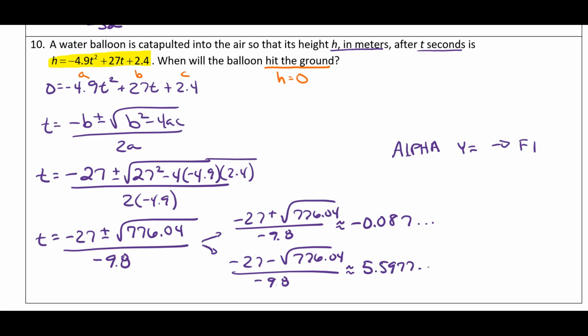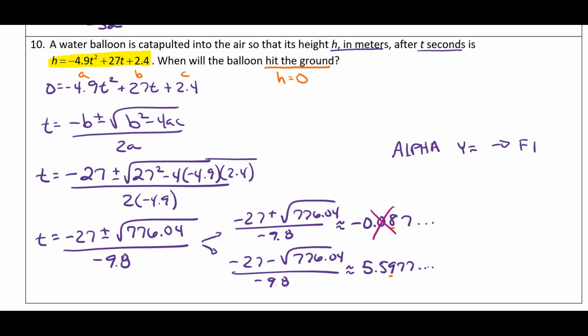So that's approximately 5.5977. Okay, now they don't tell us what to round to, so when they don't tell us, we typically try to round to the nearest hundredth, so meaning 2 decimal places. So right here and right here. Now, not both of these answers make sense. The negative answer, we need to toss that. It doesn't make sense whatsoever.